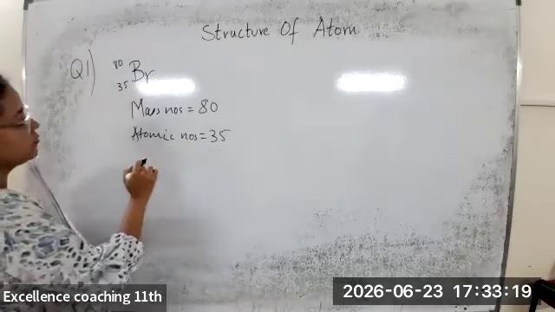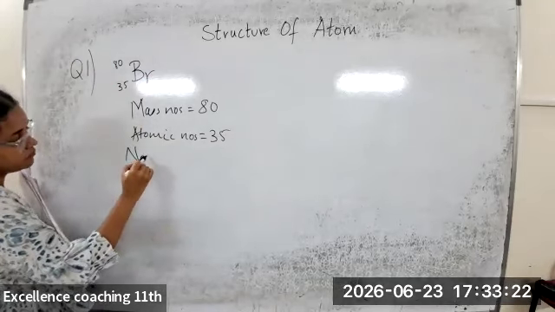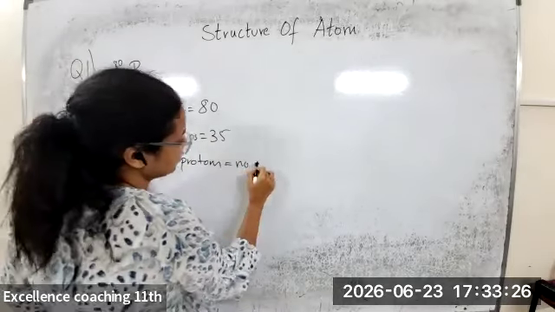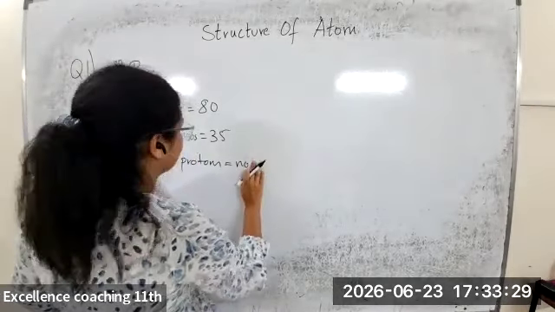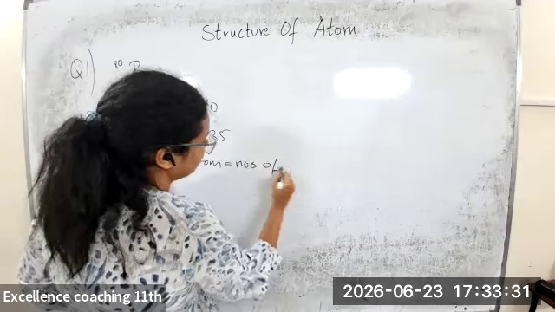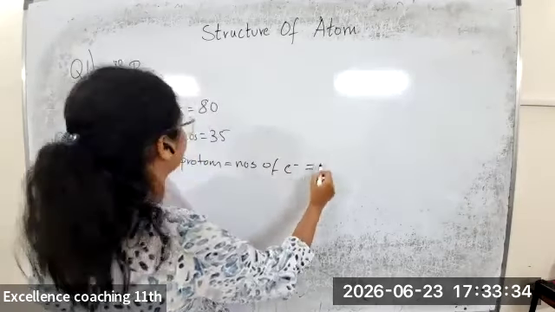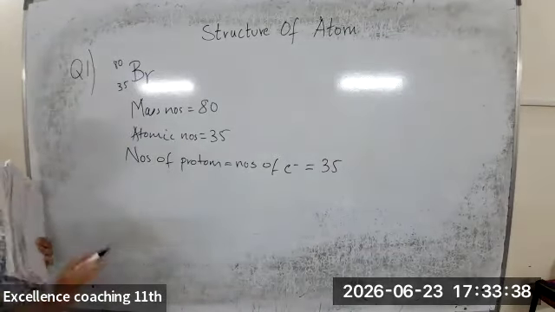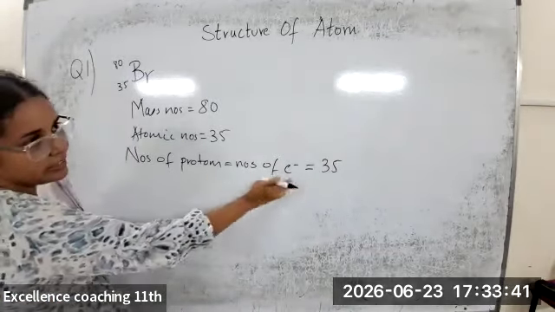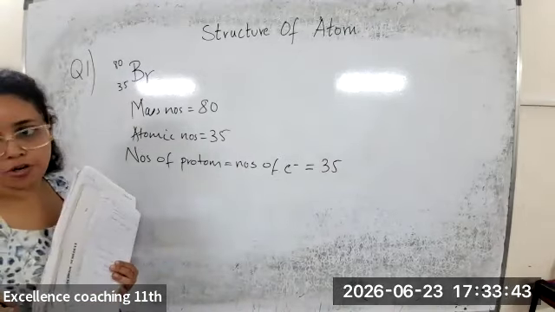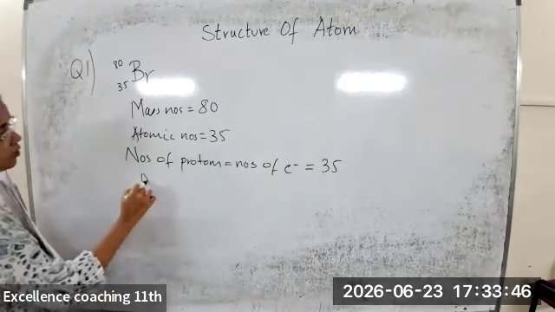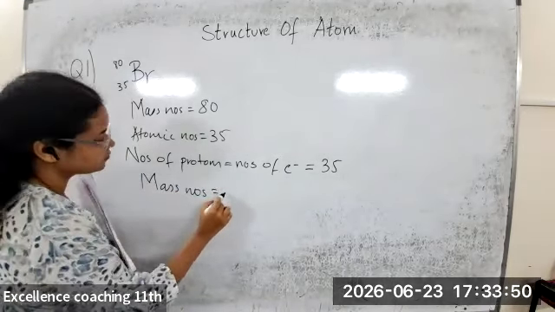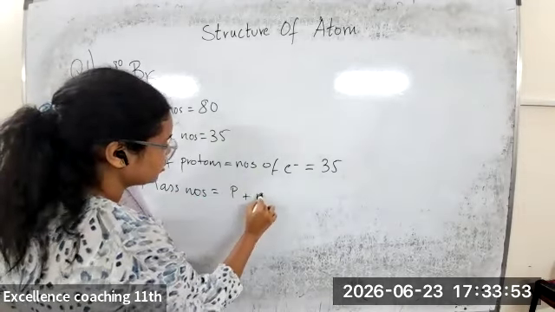Since it is neutral, we will say that the number of protons is equal to the number of electrons, which is 35. Now we have found the number of protons and electrons. What is remaining? Neutrons. So now we have to find the number of neutrons. We know that mass number is equal to protons plus neutrons.